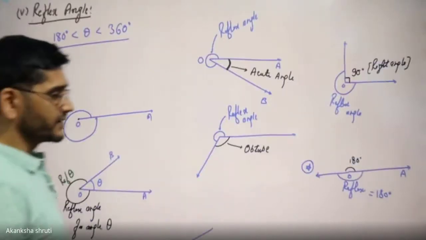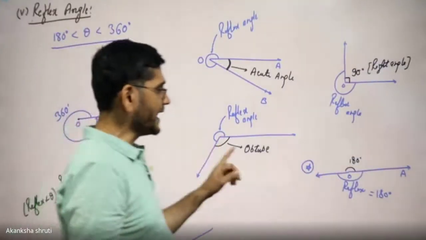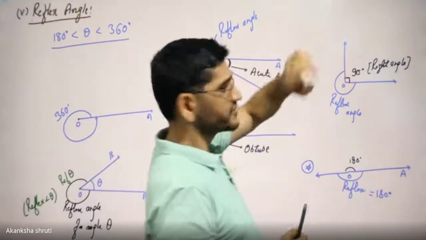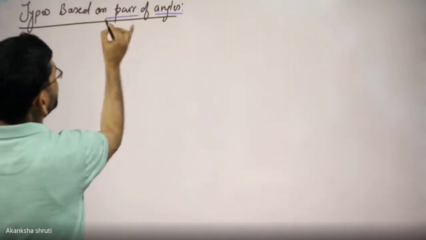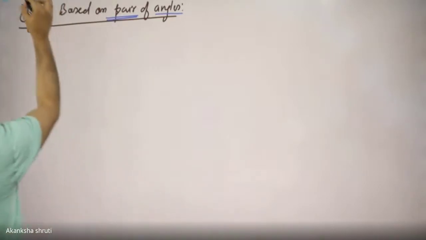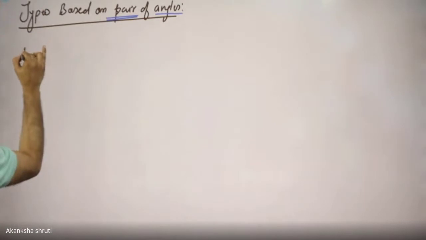This way, considering one angle, we have learned the things. Now let us go for the pair of angles. Students, let us consider the classification of angles considering the pair of angles. So the very first one is called the adjacent angle.